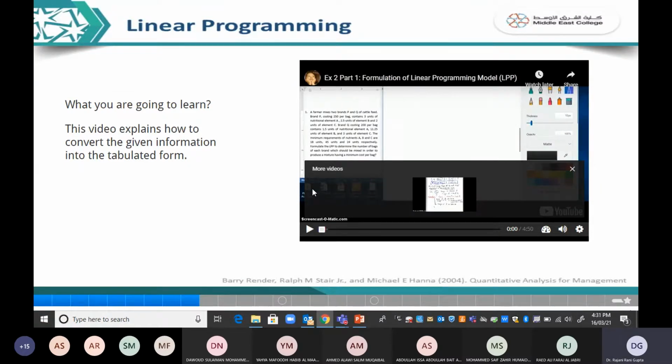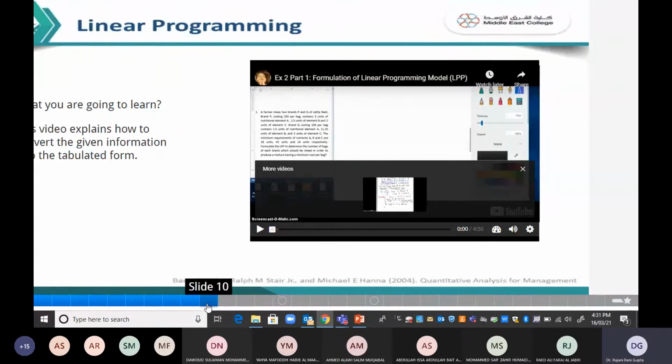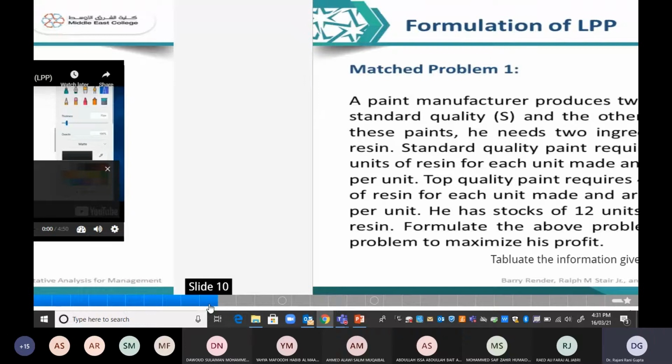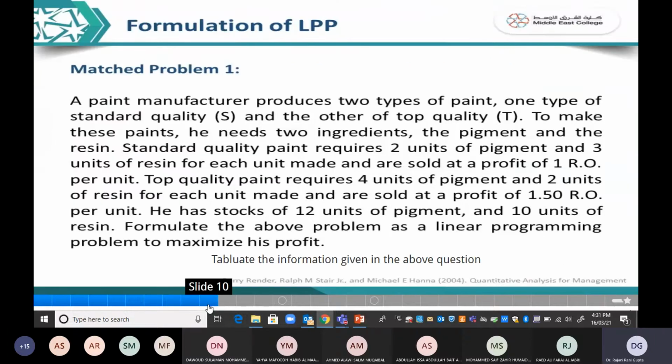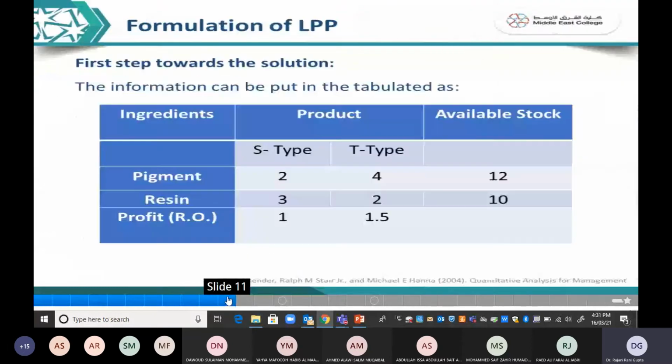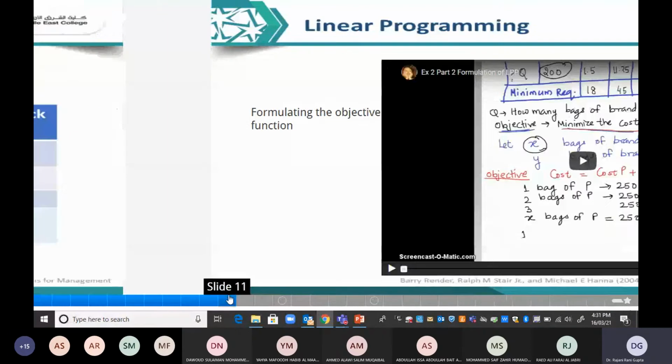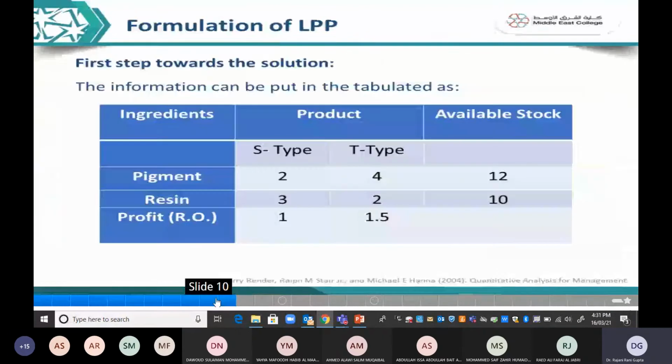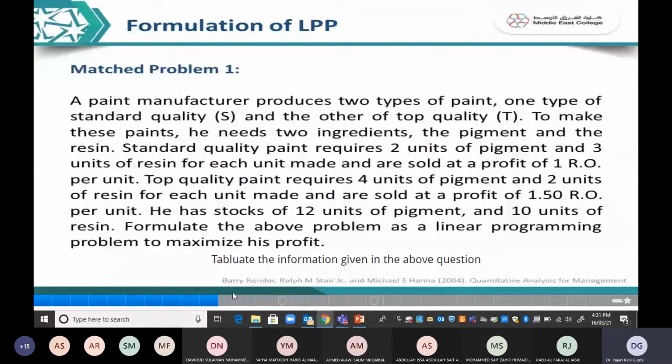I believe things are clear because I divided them into parts. Here I explained the reading part that was given to you. This is the question, so first you have to tabulate the information. This is the reading text and this is the video explaining how it is done. Similarly, there is a video for other parts.